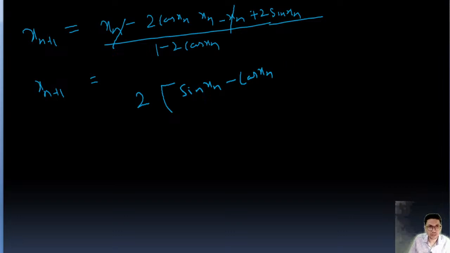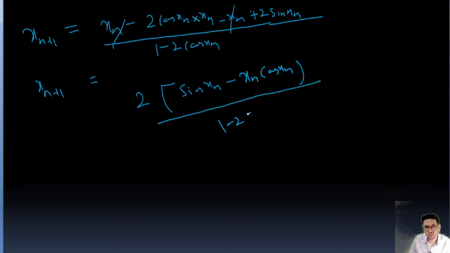Or we can write x_n cos x_n, okay, upon 1 minus 2 cos x_n, okay? So this is the answer, guys.